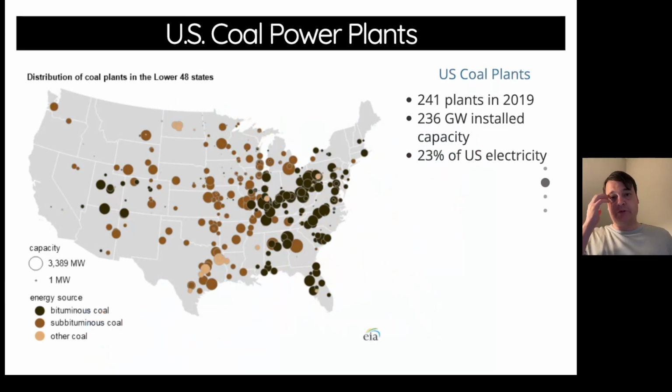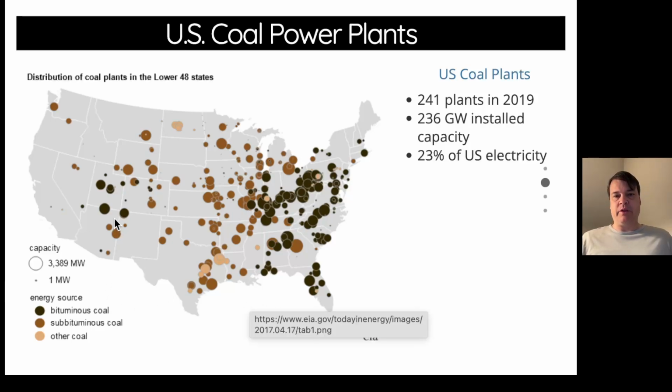So here's a distribution of coal power plants in the United States. You can see the size of the plant based on the size of the circle, and what kind of coal it's burning, whether it's bituminous, subbituminous, or other. So you get a lot in the West, near the source of the coal because it's cheaper to transport it.